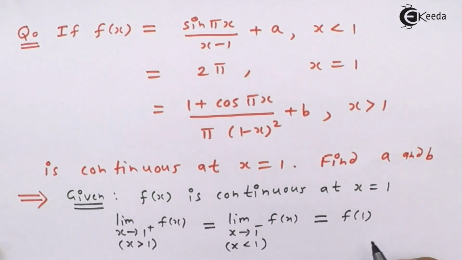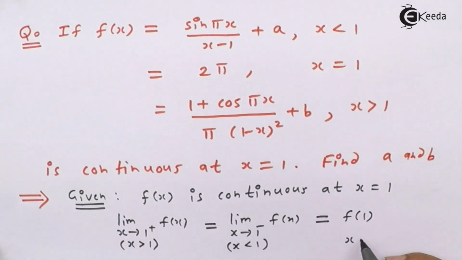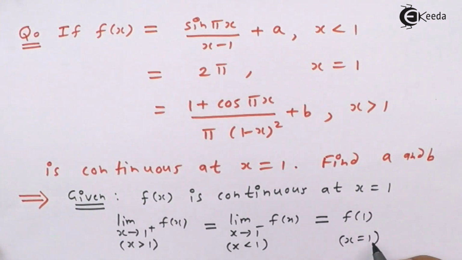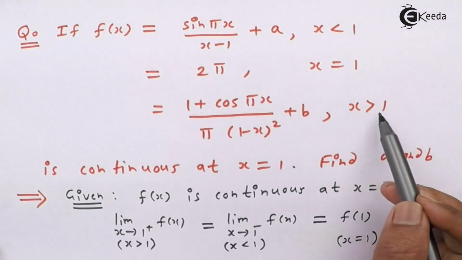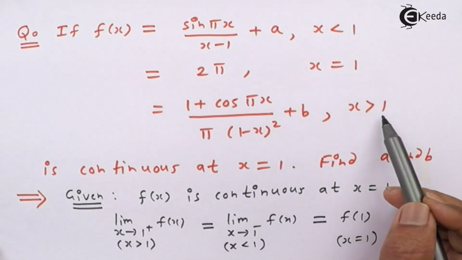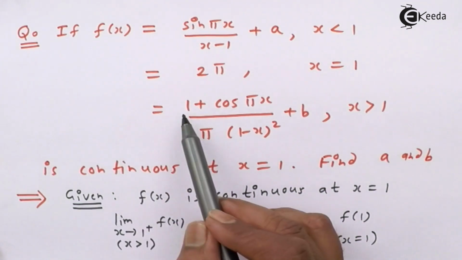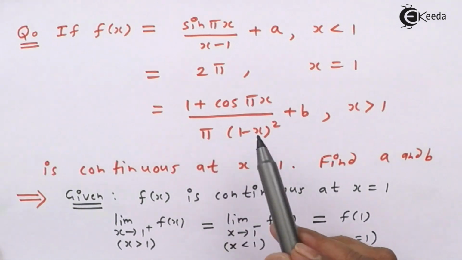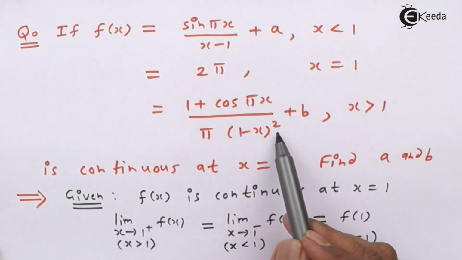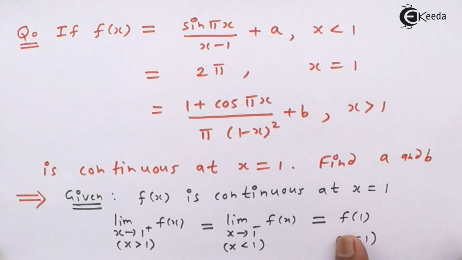And third, f of 1 means x equal to 1. Now for x greater than 1, f of x is defined as 1 plus cos pi x upon pi times (1 minus x) the whole square plus b.